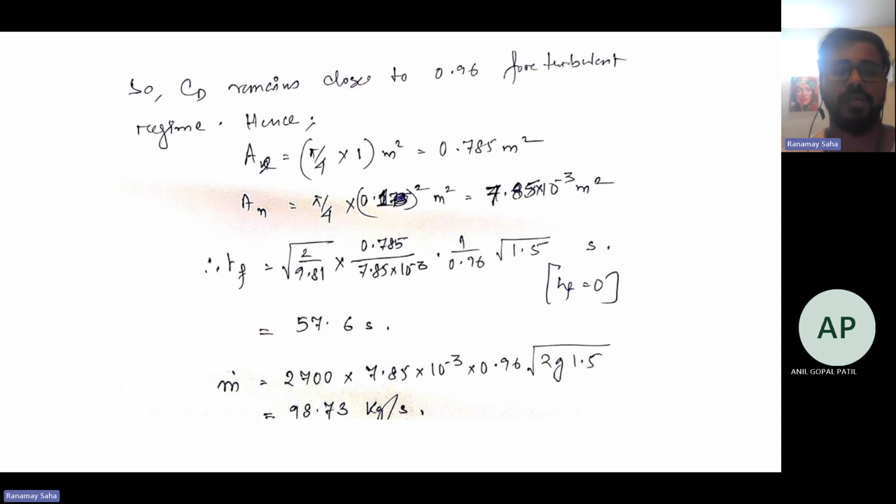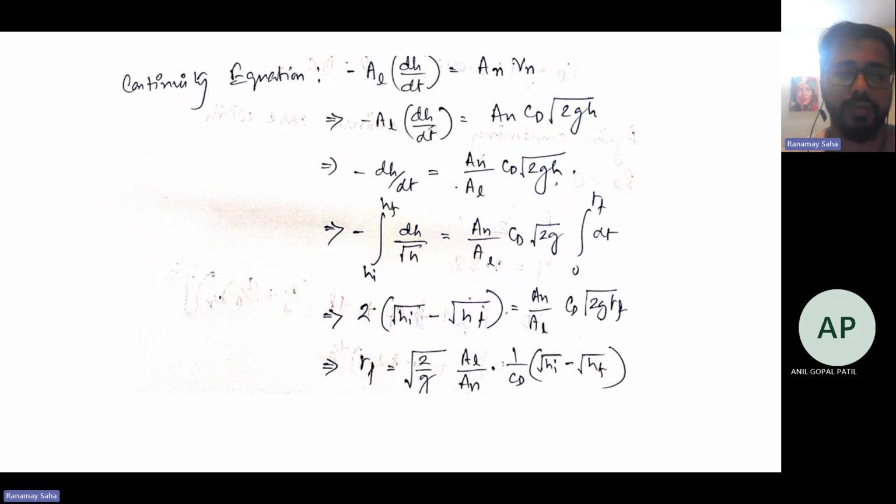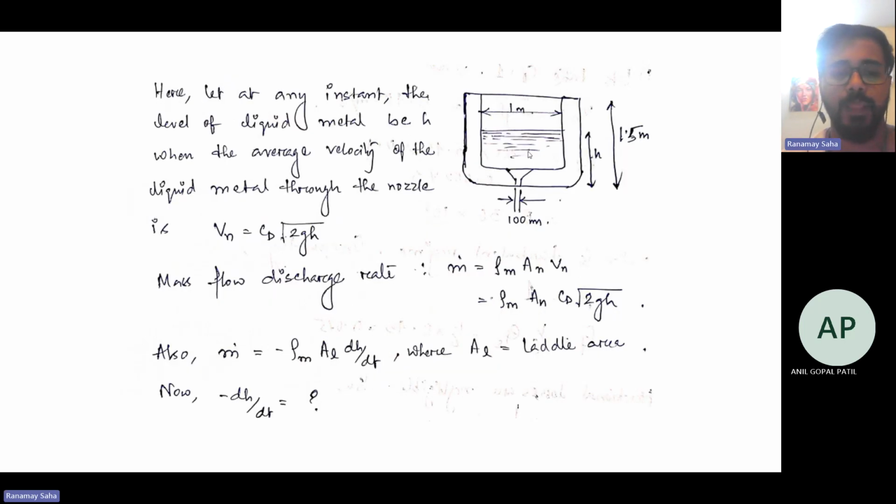Then we used that particular CD to find the filling time and the mass flow rate through the equation, which you can either remember, though I don't recommend remembering such equations. You can just equate the flow rate out of the ladle and out of the nozzle, which must be equal.